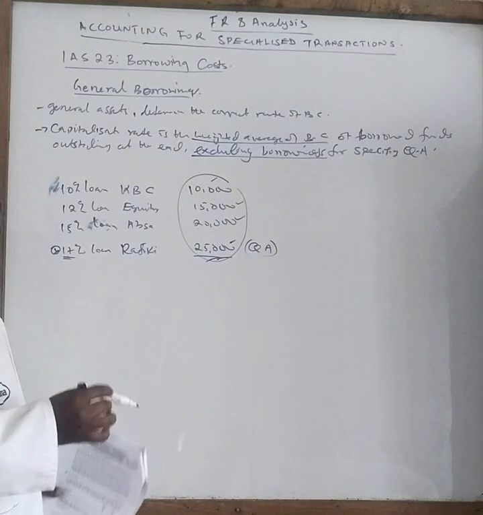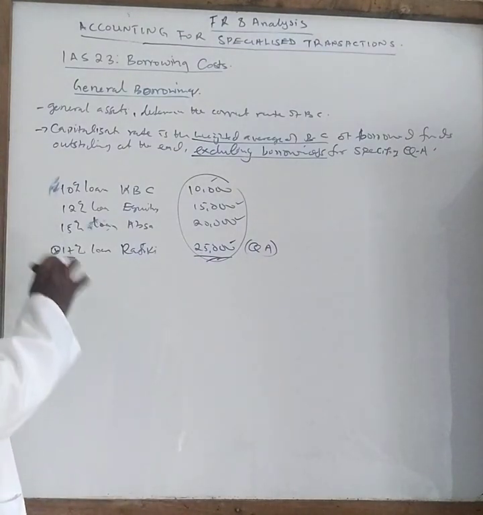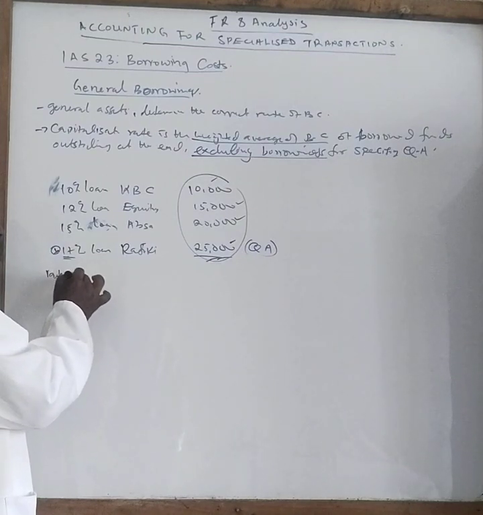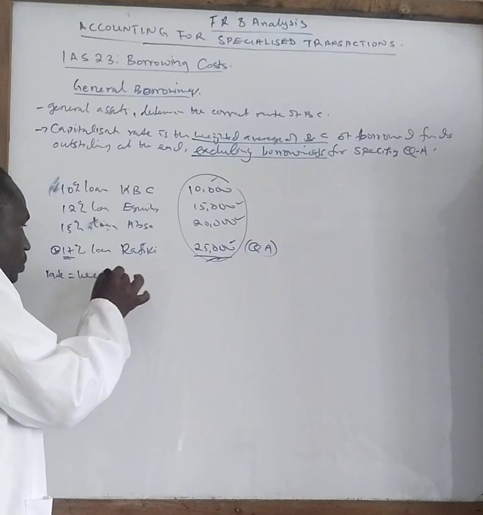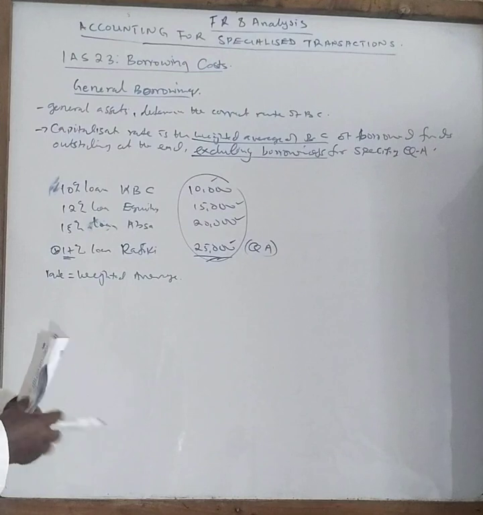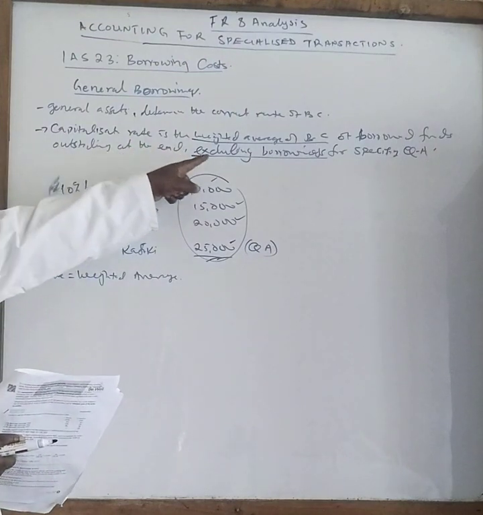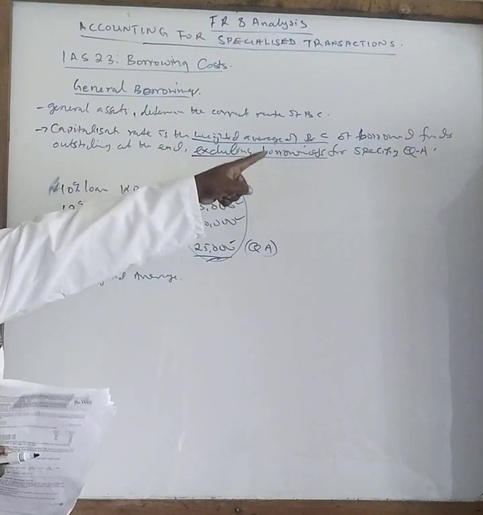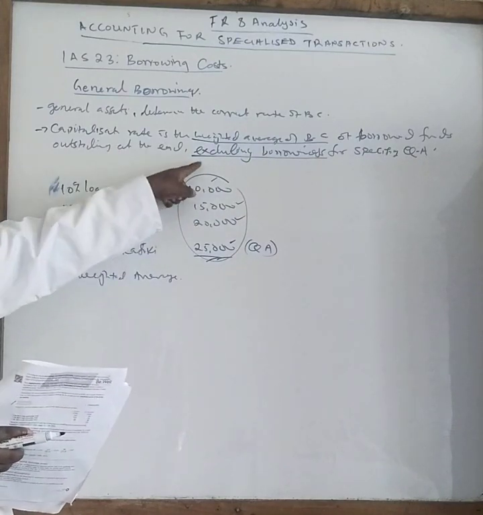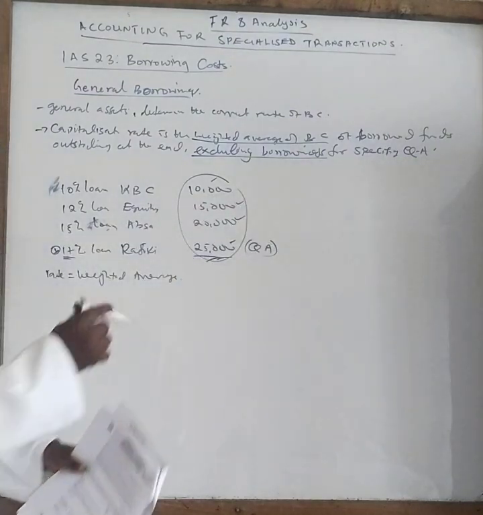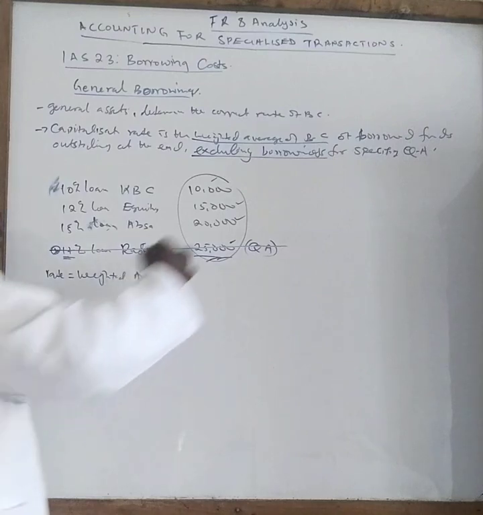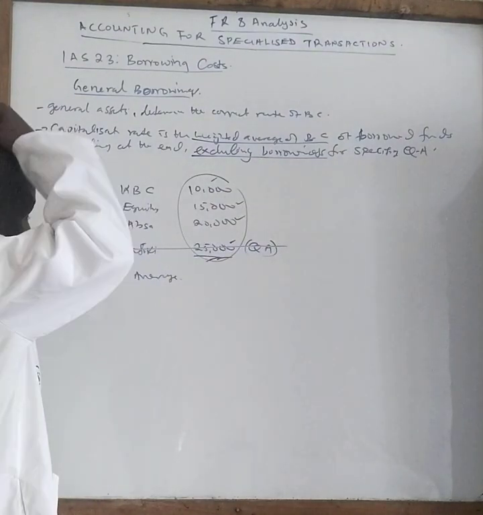We have been told the capitalization rate is the weighted average of borrowing cost of borrowed funds outstanding at the end of the period, excluding borrowing for a qualifying asset. So we will not use this one, we will use this one. Our work will be very simple.